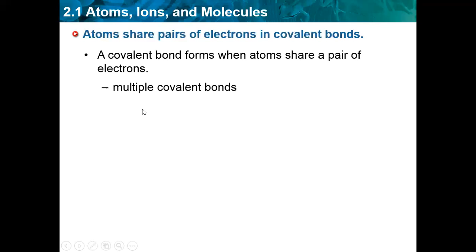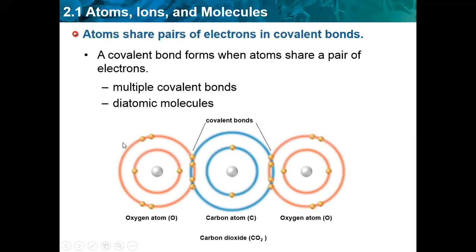So what happens is, we have different types of covalent bonds. We have multiple covalent bonds. We also have diatomic molecules. An example of covalent bonds is the combination between carbon and oxygen. The carbon atom is the one in the middle. As we know, carbon has an atomic number of 6. And the way to know that is, if you want to form a representation for carbon, you draw the first shell, like you see here.